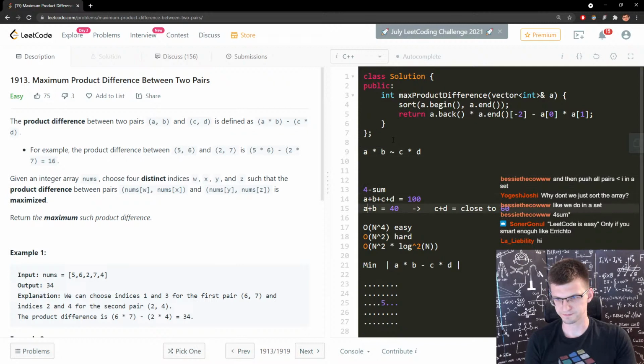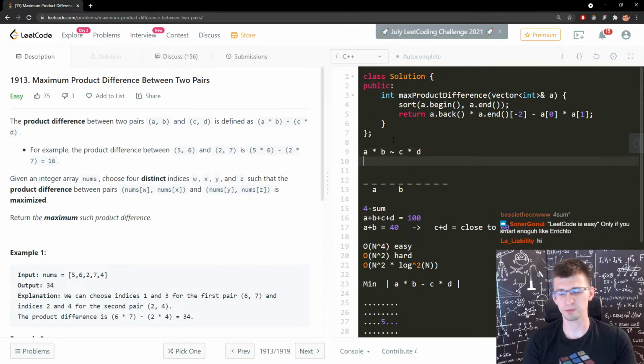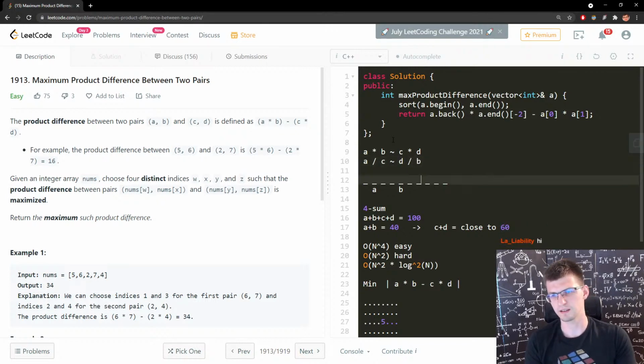So it's not that you have a sequence and when you have A here and B there, you can say that C and D you will take from there. That's not correct. With some transformations, maybe it will be correct. Like if you also consider that you want A over C to be close to D over B. Yeah.